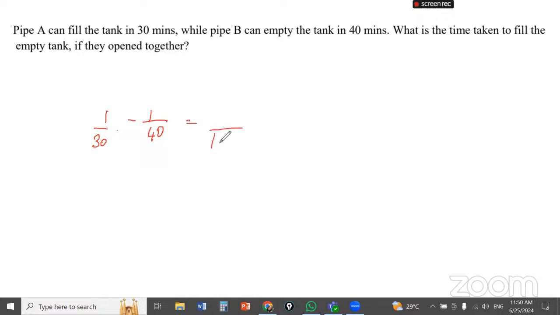So 120 would be the LCM. 4 minus 3, 1/120. So 120 minutes. 120 minutes is nothing but 2 hours. Yes, Sasidaran, you're right. So the answer is 2 hours.